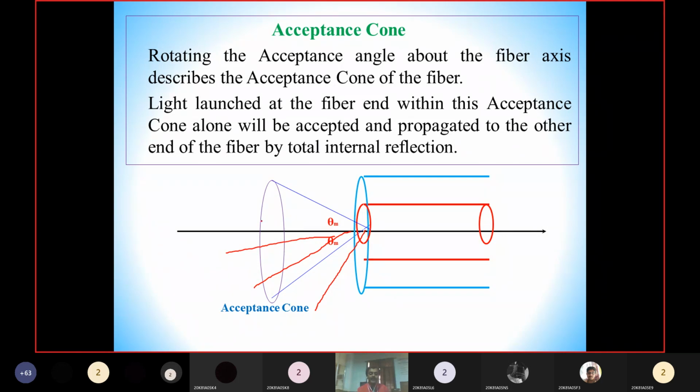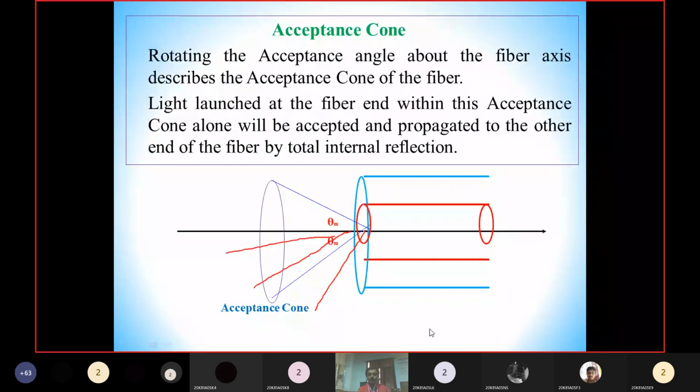If light enters inside the cone, then total internal reflection takes place inside the optical fiber. That cone we call the acceptance cone.